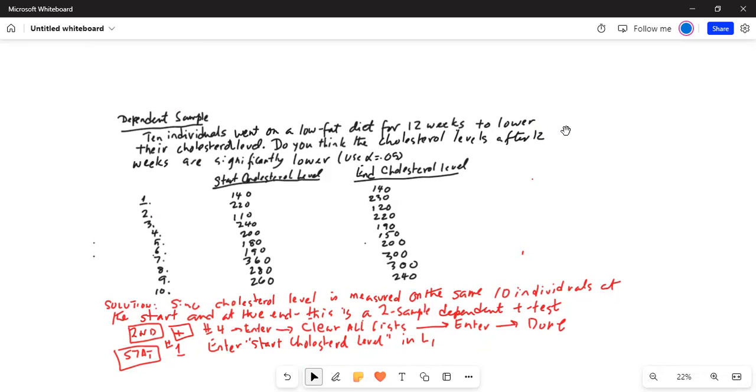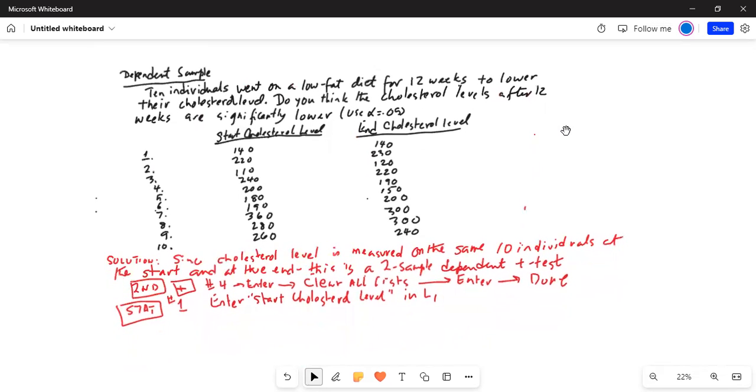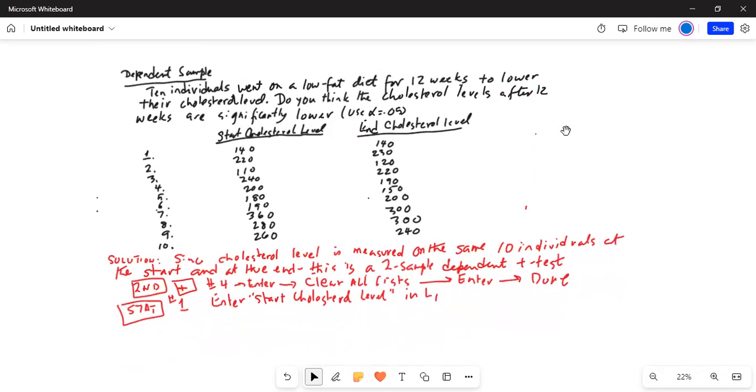Then the right cursor key. Let me move this a little bit up so that I can write.